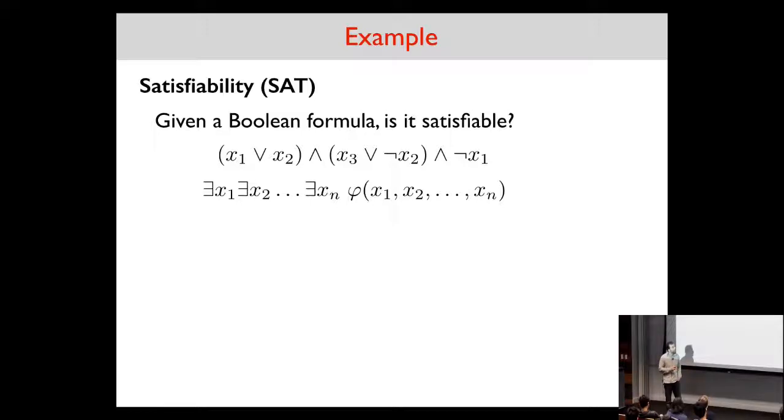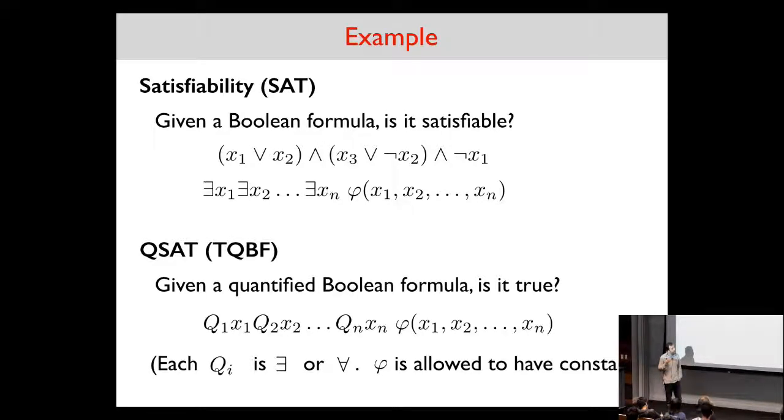Now, this is a very important problem, we're going to come back to this, but there's a very related problem, a generalization of this called QSAT, quantified SAT, or TQBF, which stands for True Quantified Boolean Formulas. Given a quantified Boolean formula, is it true? But now, in SAT, all the quantifiers were there exists, now they can be there exists or for all.